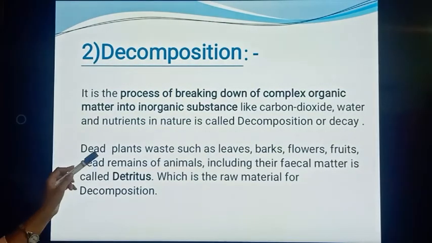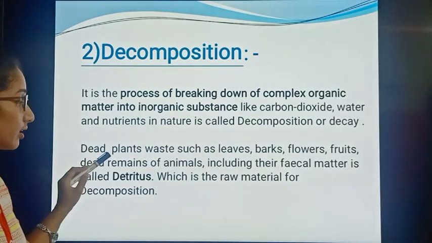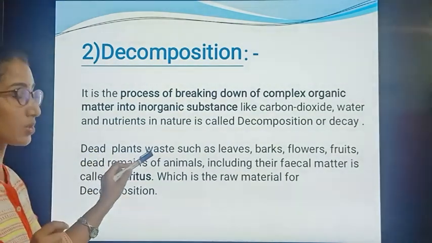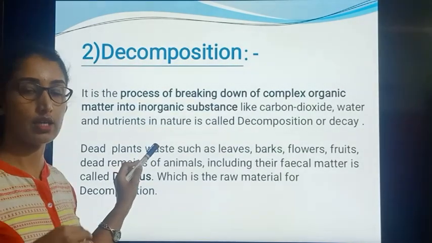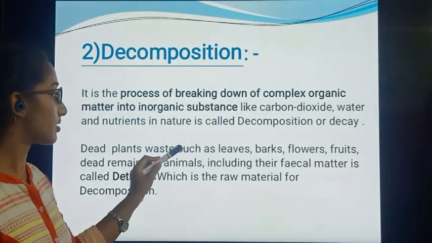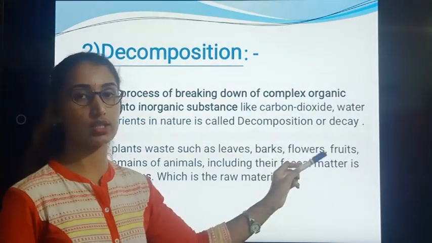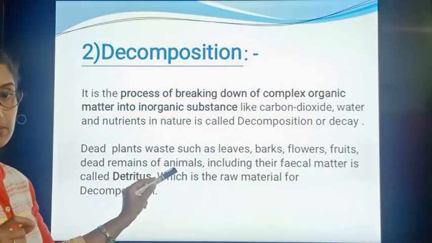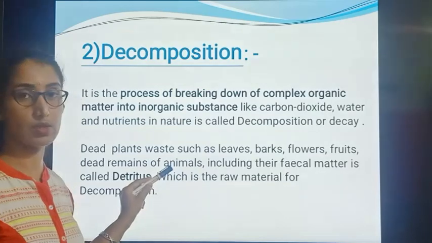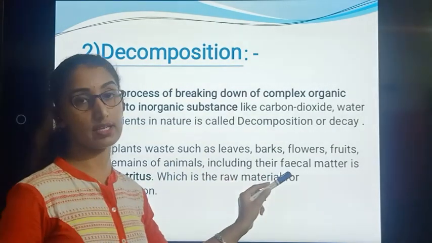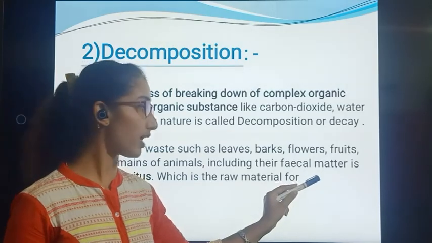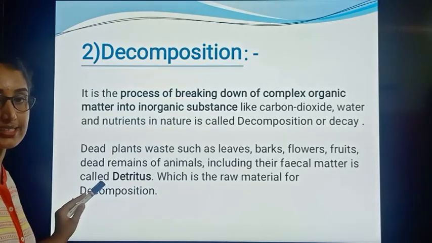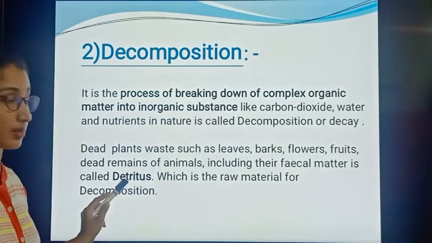What are those organic matters, such as dead plant waste? They are listed here, though very few are mentioned. Dead plant waste means any part of the plant body, such as leaves, barks, flowers, fruits, root systems, etc. Dead remains of animals, dead organisms, including their fecal matter and biological waste, are also called organic substances or detritus.